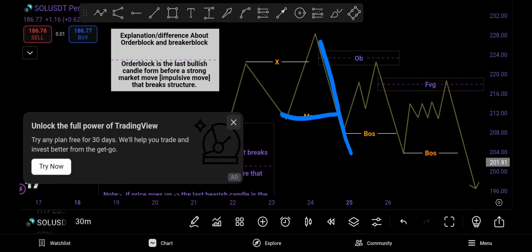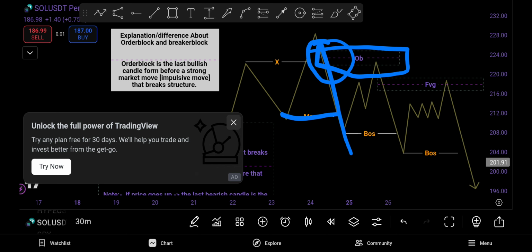The last bullish candle before the impulsive move down was this, which I use in pointing out our bearish order block, because we have bullish order block and bearish order block.